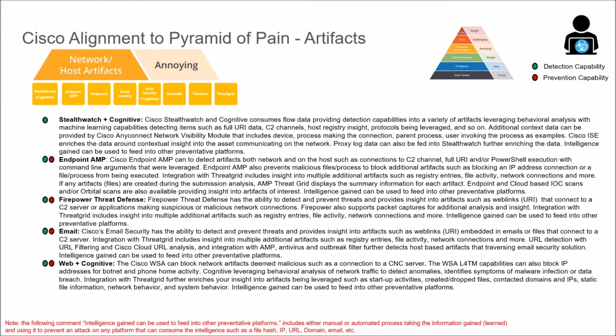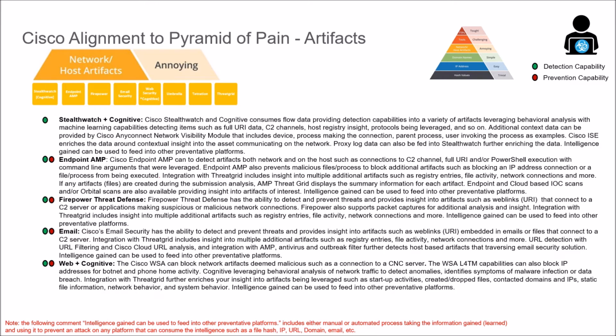So as an example, it might be PowerShell under NT Authority subsystem making a call to a C2 channel, right? So the network visibility module or IPFIX data can then enhance the Stealthwatch flow data to give us a little bit more specifics around what actual process and under what user actually made the call.